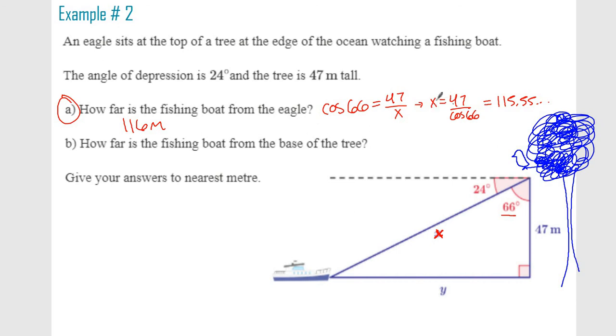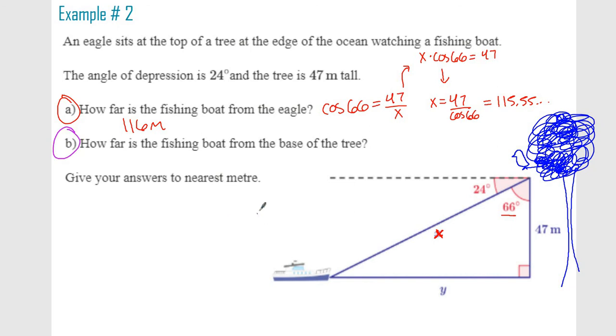I skipped a step and I just realized maybe some people didn't notice what I did there. I first multiplied by X, so X times cosine of 66 equals 47. Then I divided by cosine 66 on both sides, and that's how I got that. Sorry about that, I didn't mean to skip a step.